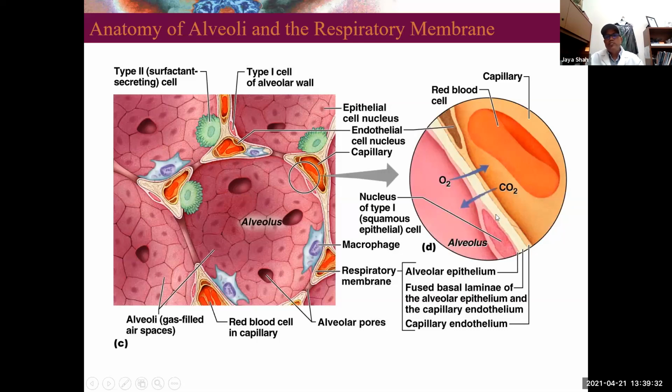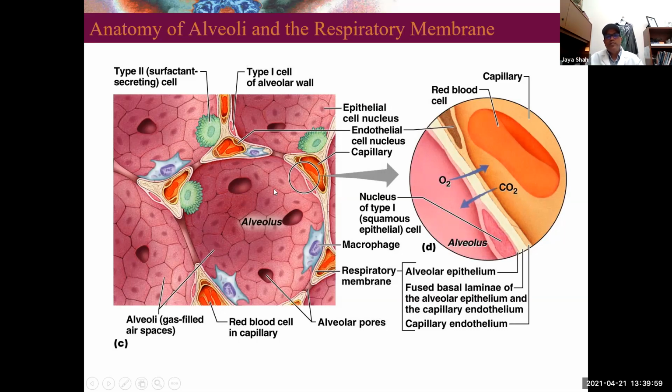Then this white area is the basement membrane, the fused basal lamina, which is the connective tissue matrix. And then the capillary endothelium. That's why this is the thinnest area in the alveoli where gas exchange takes place.